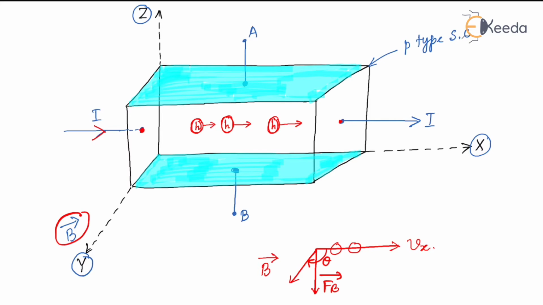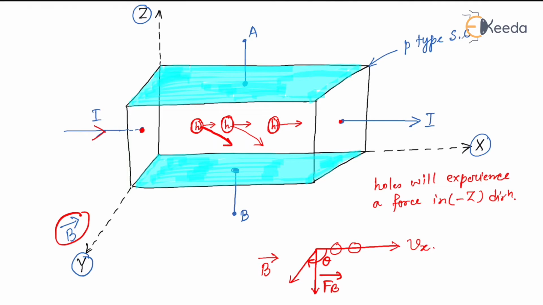That is why we can say holes will experience a force in the negative z direction. Due to this, the movement of the holes will not be a straight line; rather, they will move in this fashion.